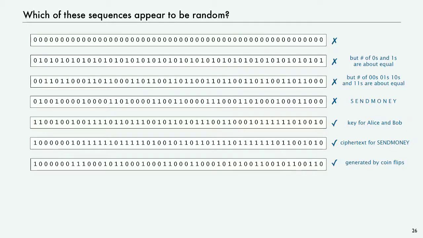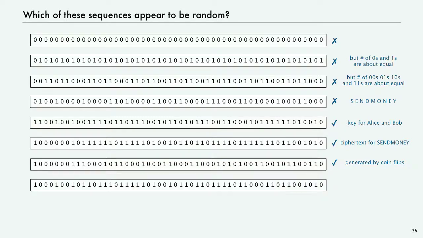What about that one? That one I actually generated by flipping a coin. So I hope it appears to be random, or there's something wrong with my coin. How does that one look? Does that look to be random? So that one asks the student to type some random bits in, and that's what they came up with.